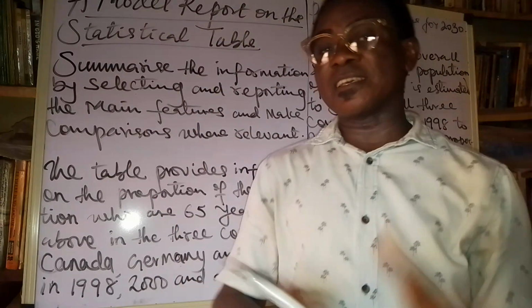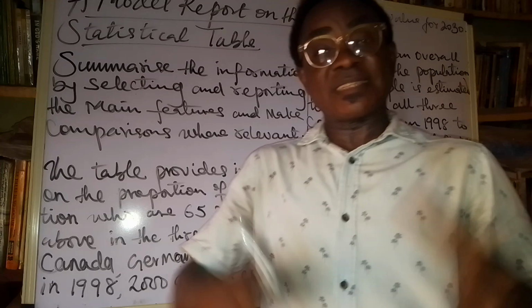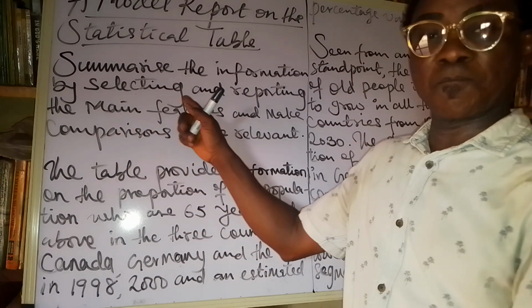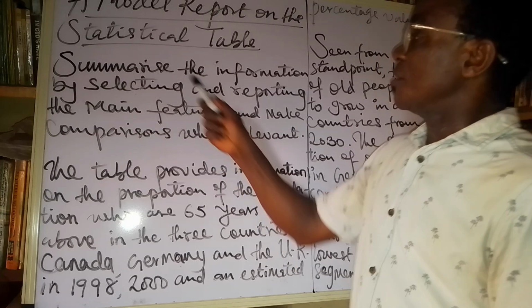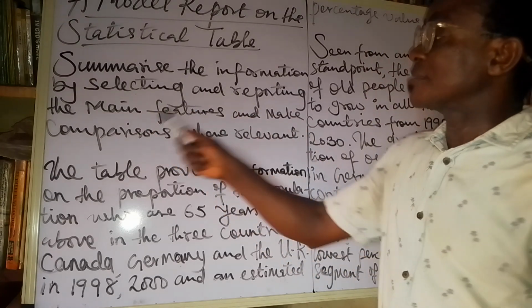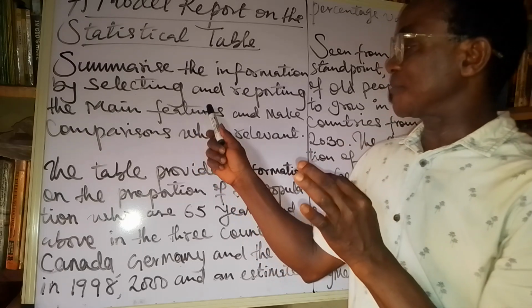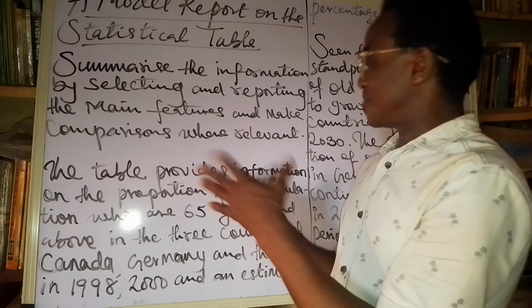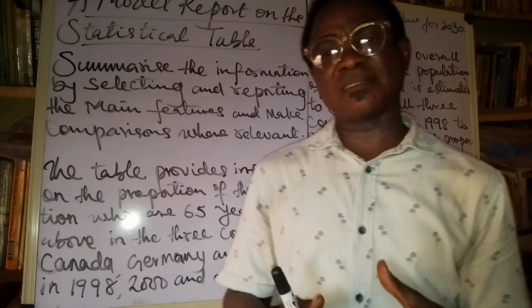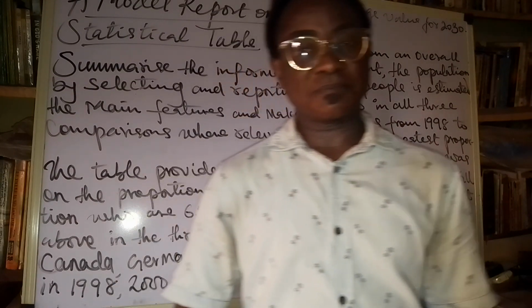It is not a detailed account of the data contained in the table, but a summary. That's why we are told to summarize the information. By doing what? Selecting. We have to select and report only the main features, and then make comparisons where relevant. I would like us to understand this very well before we go on.